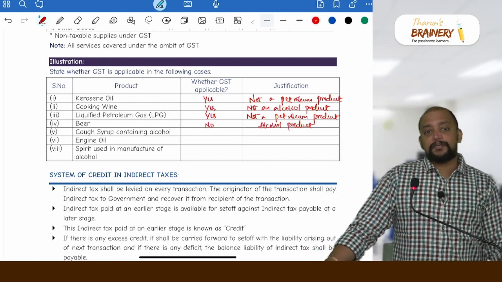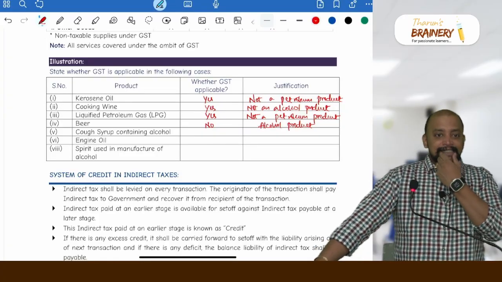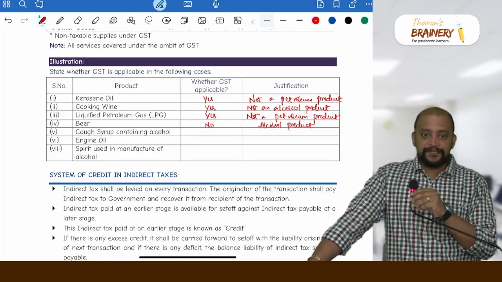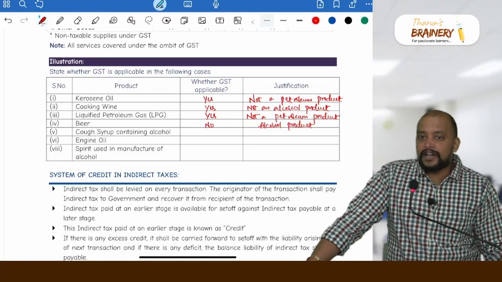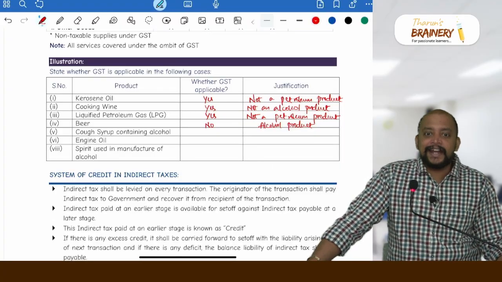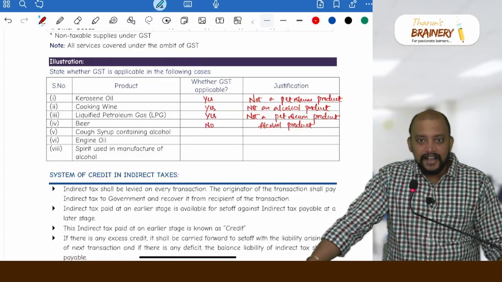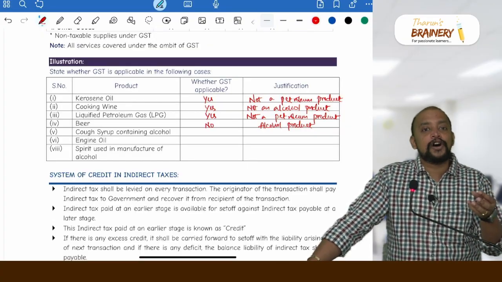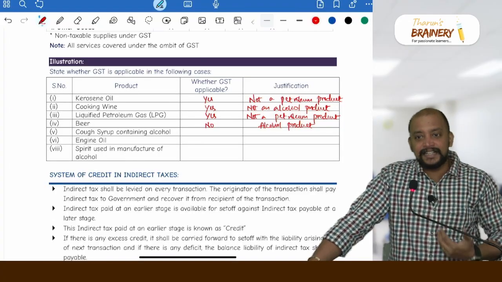Even though cough syrup contains alcohol, it's a medicinal preparation. It is not an alcohol product. Suppose a person could not find alcohol, will he go to a medical shop and buy cough syrup and drink it? No, correct. And the kind of alcohol that is present in cough syrup is harmful for his health.